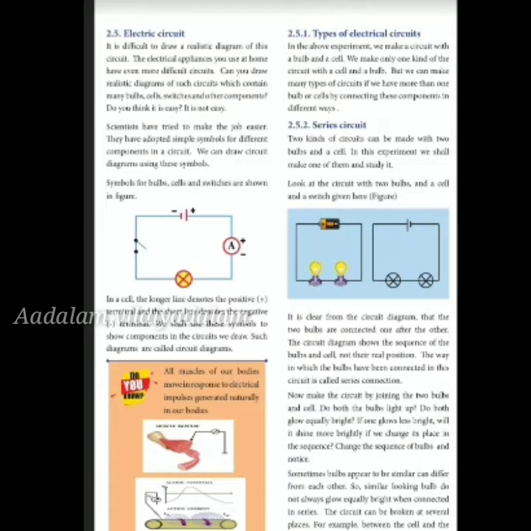In parallel, all bulbs stay lit if one goes out because they are not connected in the same line. They are connected parallelly, so bulbs can be lit up; if one wire is not working, the other wire may work. Both have in common the energy source and the wires.